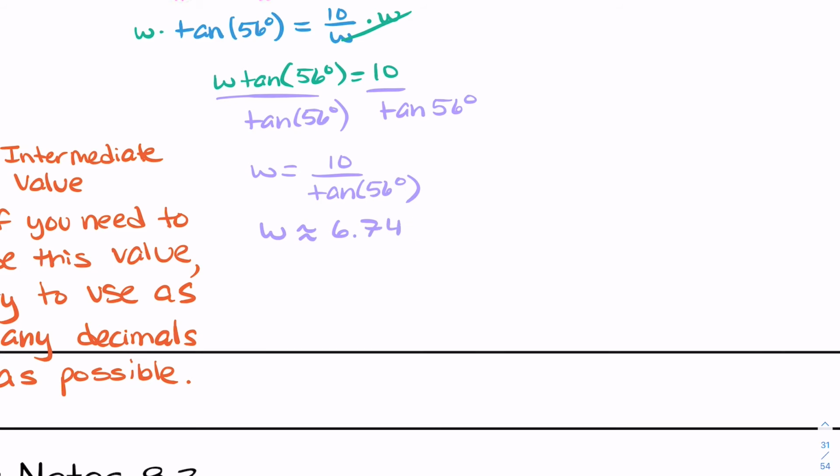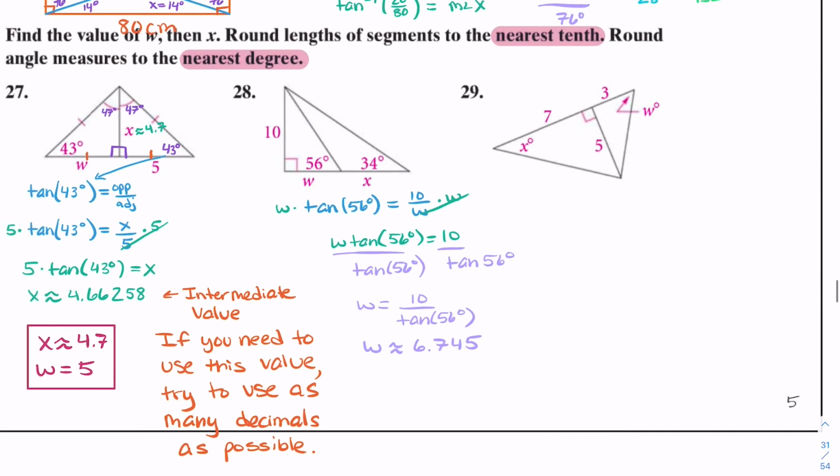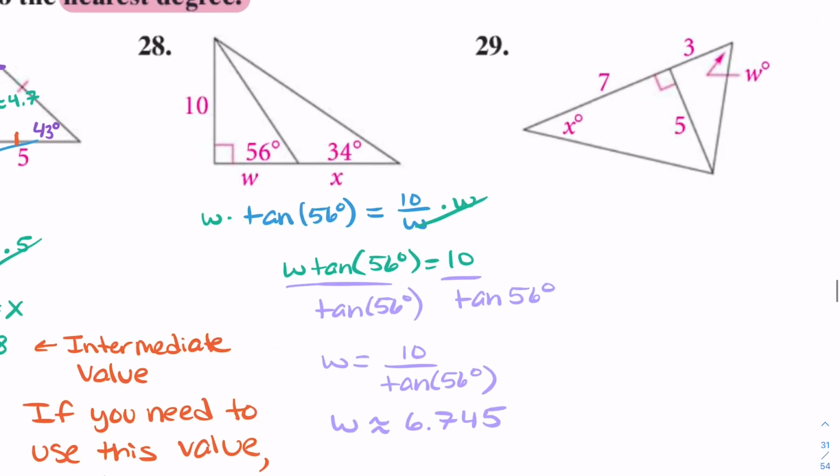That's pretty good because then after that there's zeros. So I'm going to leave it like that because now I'm going to have to find this whole thing and then take away W, which is 6.745, right? Because I'm going to do the tangent of 34 equals 10 over all of this.